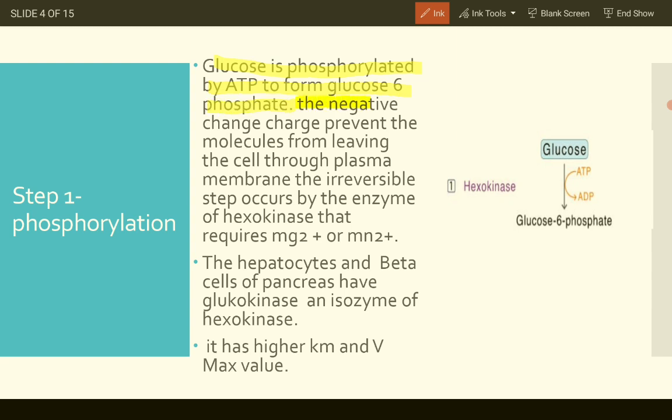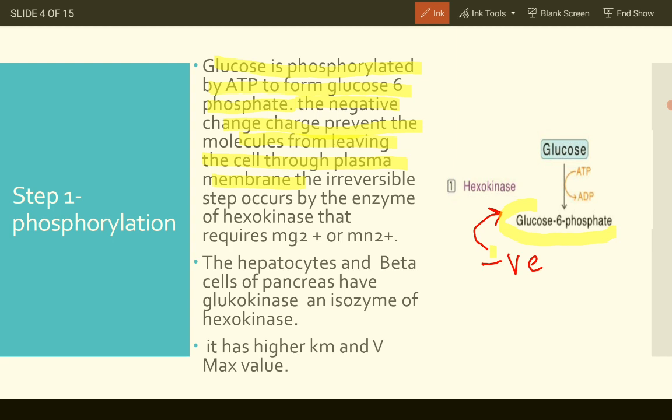Now the negative charge prevents the molecule from leaving the cell through the plasma membrane. Because phosphate is being added to glucose, a negative charge is being given to this glucose by the addition of phosphate.